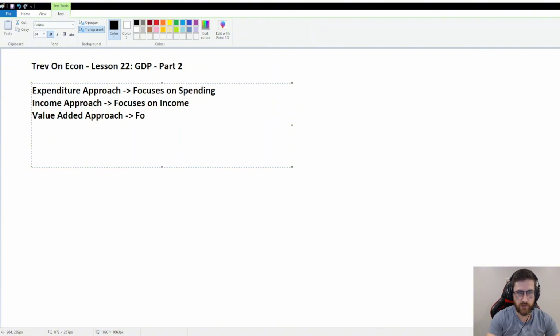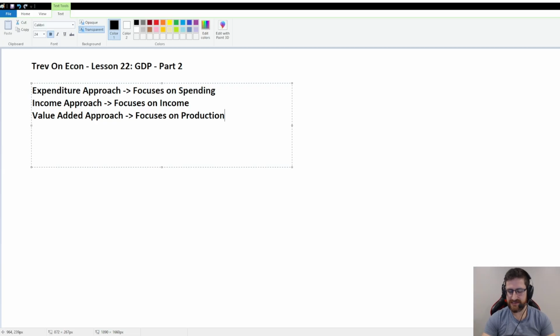And this one focuses on production. This one is going to look at those stages of development along the supply chain. In the last video, we used this example of a copper ore to a copper bar to a copper sheet to copper wire. This approach is going to consider all 4 of those steps and measure them differently.